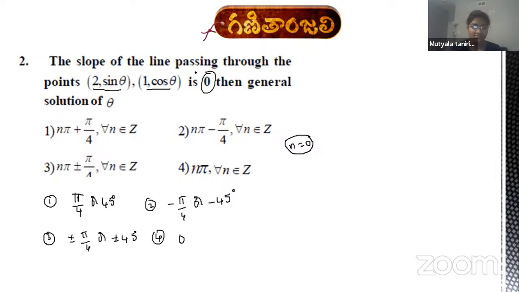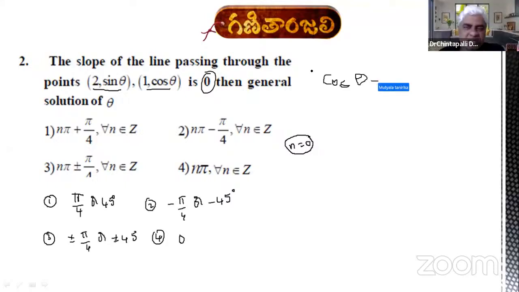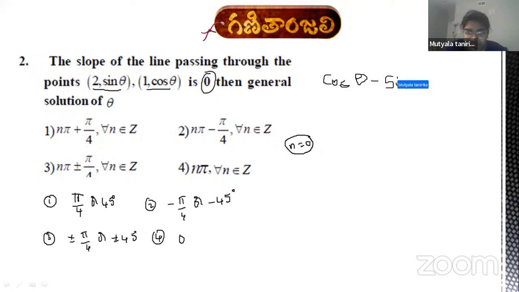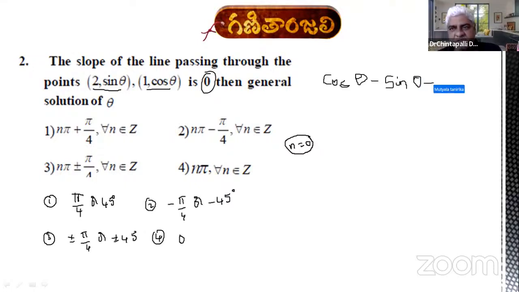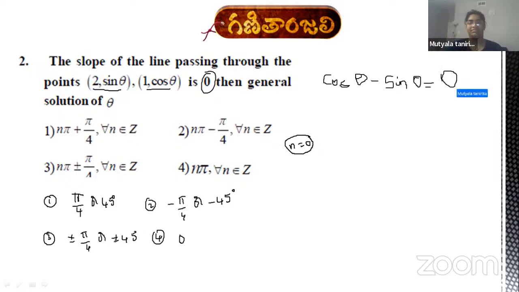If a fraction is equal to 0, the numerator is equal to 0. We need not write the denominator. So cos theta minus sine theta is equal to 0.